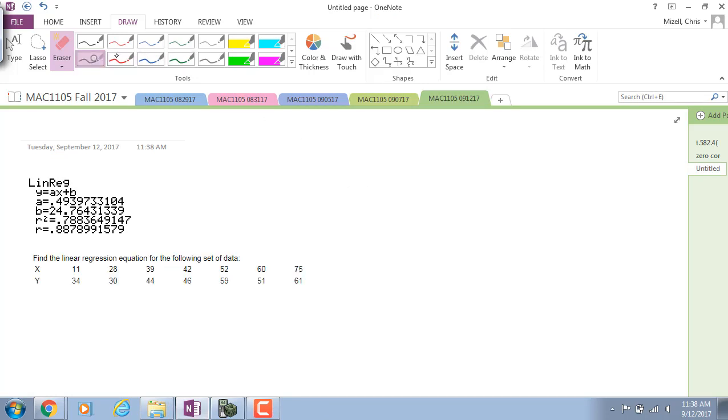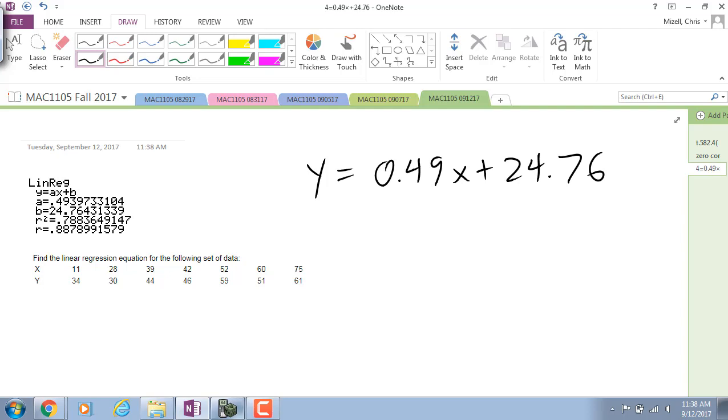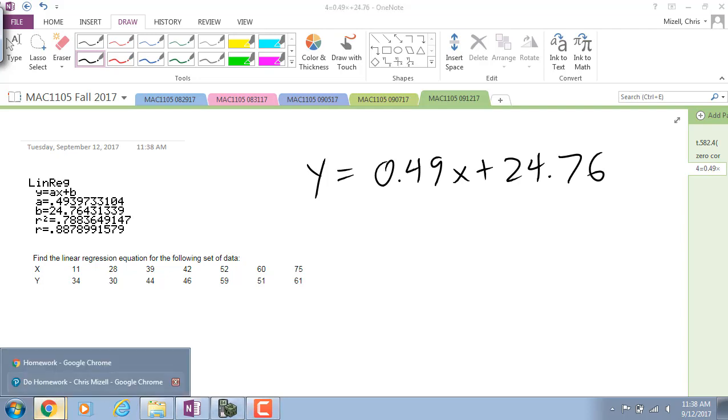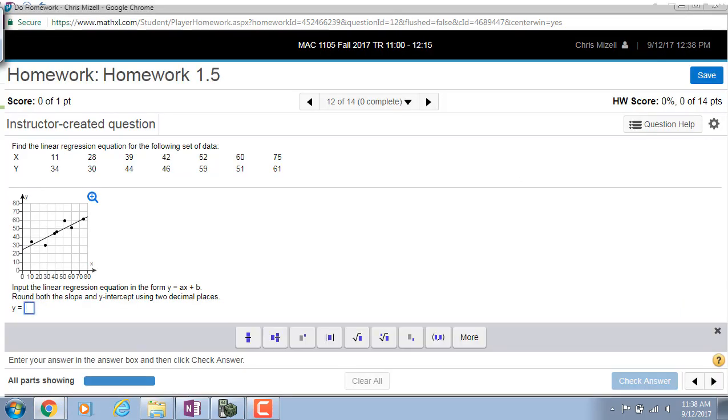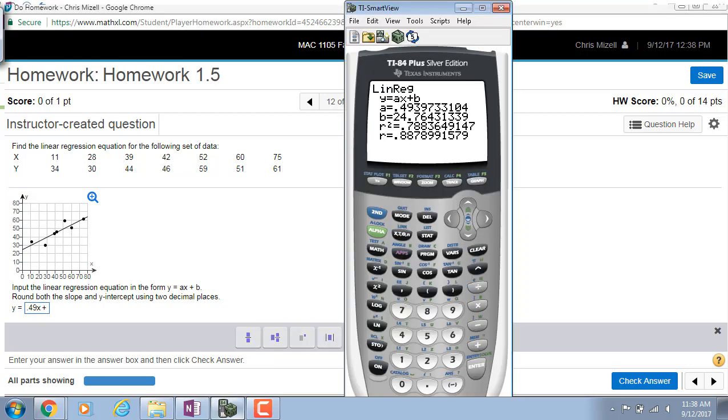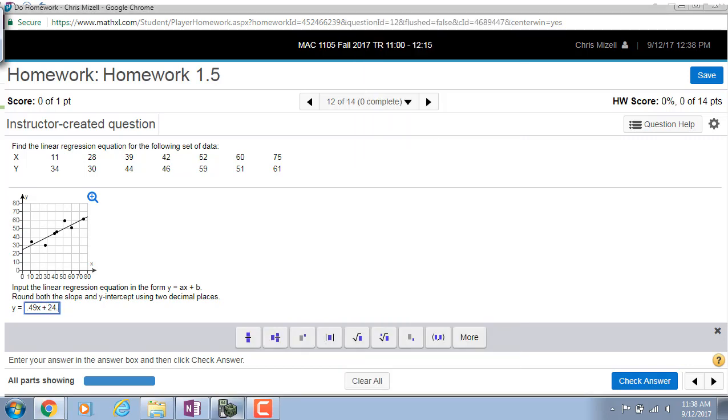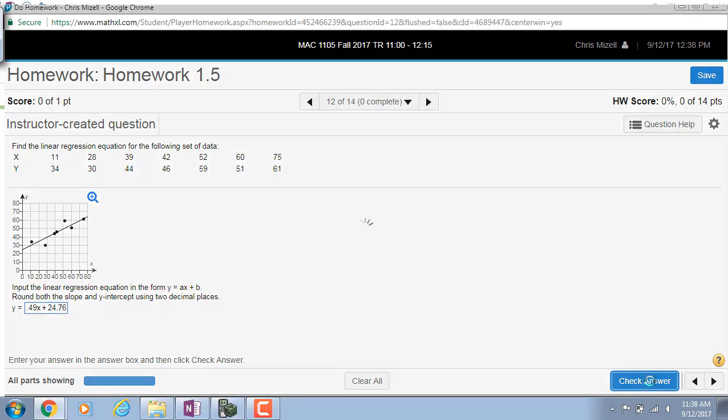So y equals 0.49x plus 24.76, and hope it likes it. Okay.